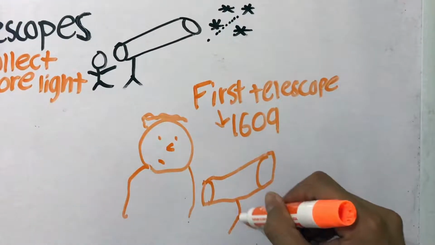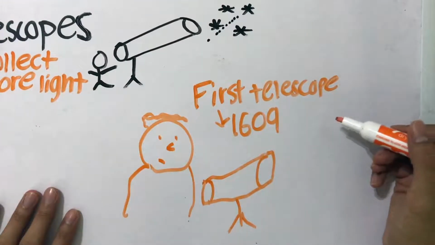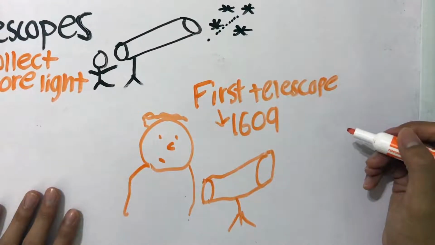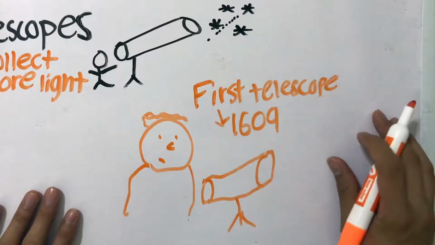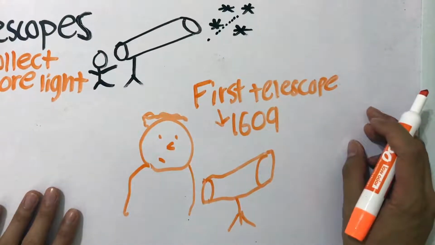And the refracting telescope is that light will be bent by the lens and it will be brought to a focus.